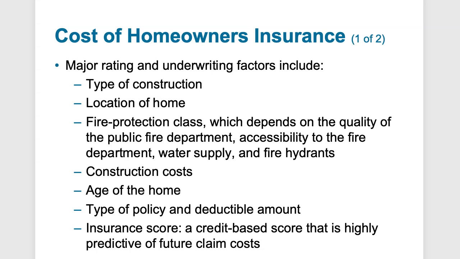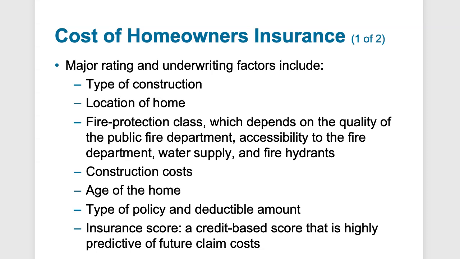So what's going to factor into what your homeowner insurance costs? Well, there are many things, and we're going to go through these one by one. Let's start with construction. How is your home built, and what type of construction is your home? If your home is made out of straw, you're going to have very expensive homeowner insurance. If your home is made out of paper, again, your homeowner insurance is going to be very expensive.